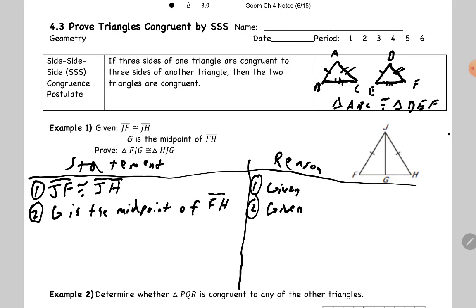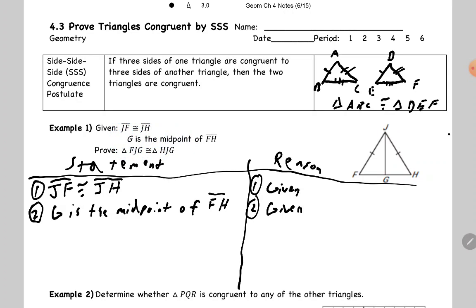Okay. So we want to prove that these two triangles are congruent, and we now have two ways of showing that triangles are congruent. The first way was to show that all corresponding parts, so not only the three sides but the three angles, are congruent. Now all we need is just three sides.